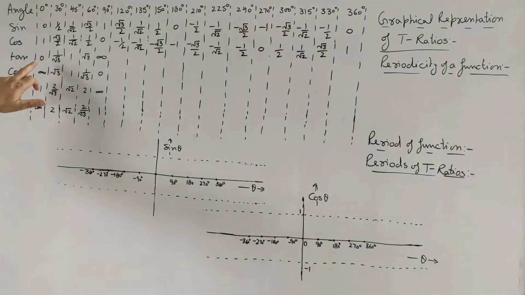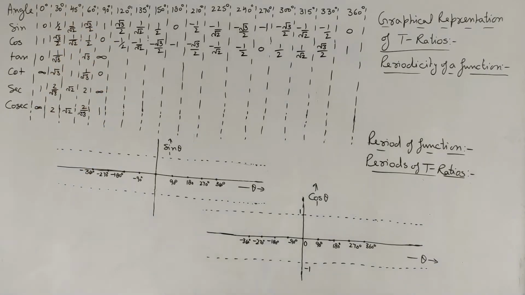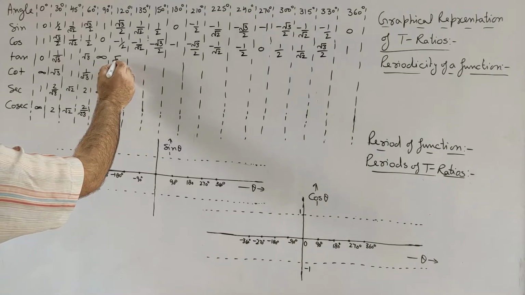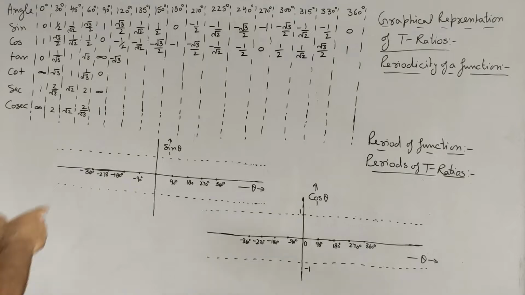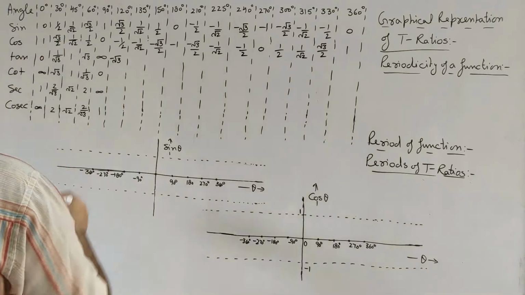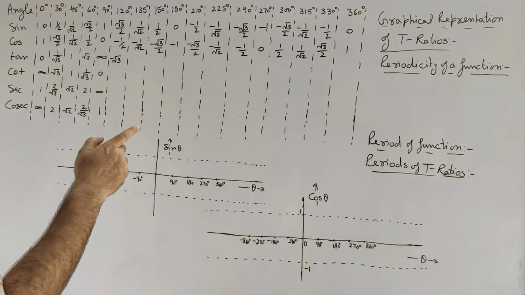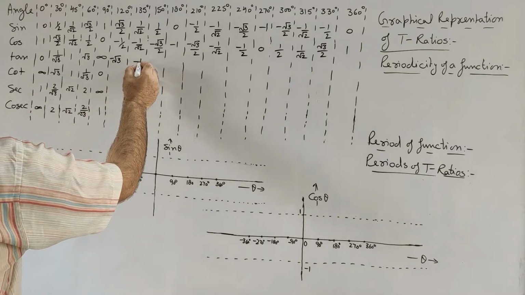Now tan 120 means tan 90 plus 30. Tan 90 plus 30 means cot 30. Cot 30 means root 3. So it will be minus root 3, because in second quadrant tan will be negative. Now 135 degree, tan 90 plus 45 means minus cot 45, which means minus 1.